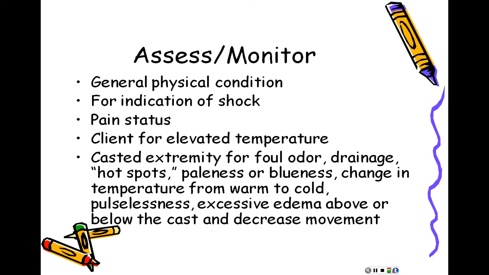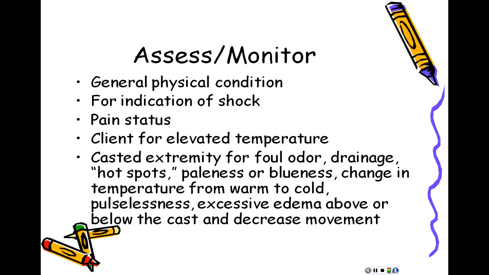And so we're going to assess and we're going to monitor. We're going to monitor the person's general physical activity. We're going to monitor the person for indication of shock. The bone has blood in it. Our large bones, the femur is a very large bone, a very vascular bone. And so if a person has a break in their femur, they can lose a lot of blood from having a break in their femur.